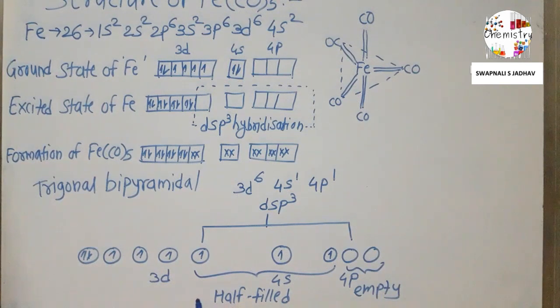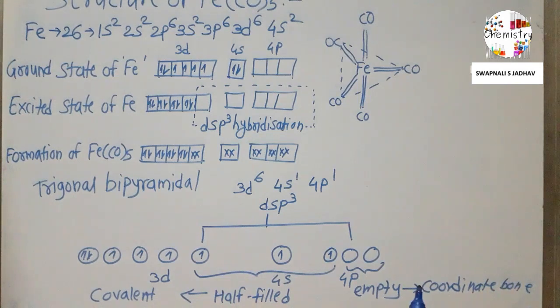So those 3 half filled orbitals form which bond? Coordinate or covalent? Covalent bond, and the 2 empty orbitals form the coordinate bond.